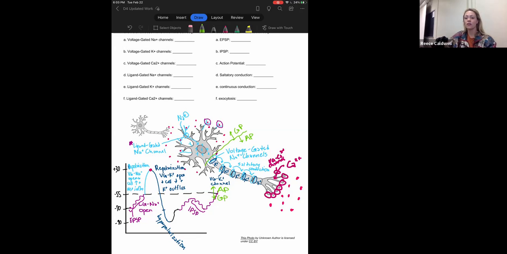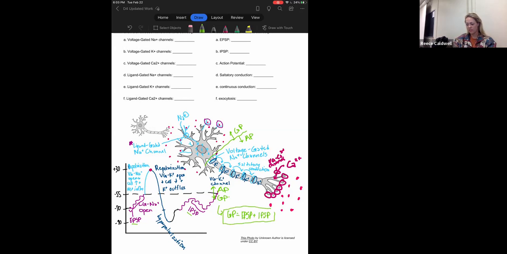And what we see is that graded potentials must be strong enough to cause an action potential. So EPSP and IPSP are parts of a graded potential. And so a way you can think of a graded potential is the sum of our excitatory postsynaptic potentials plus our inhibitory postsynaptic potentials.